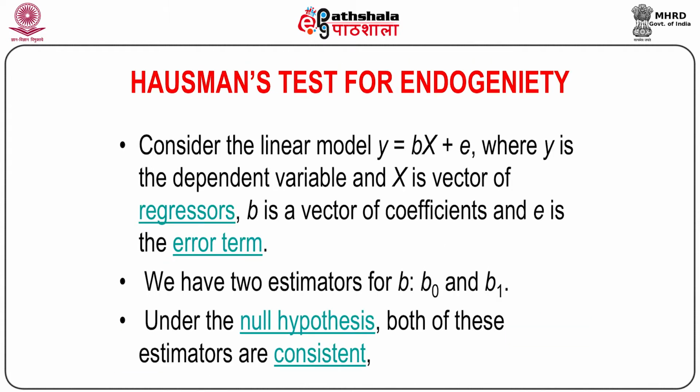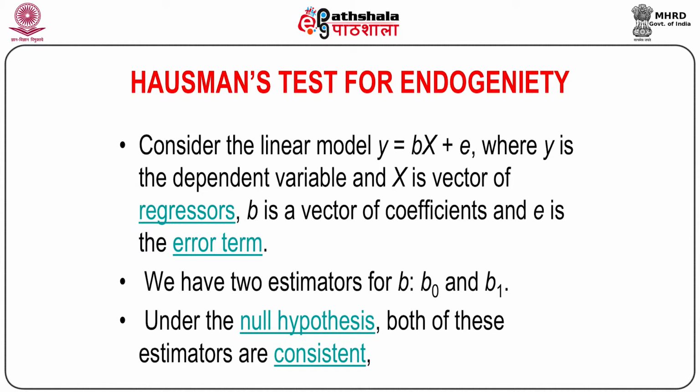In the next step, we will discuss Hausman's test for endogeneity. Consider the linear model y equals x beta plus e, where y is the dependent variable, x is the vector of regressors, beta is a vector of coefficients, and e is the error term. We have two estimators for beta, b0 and b1.